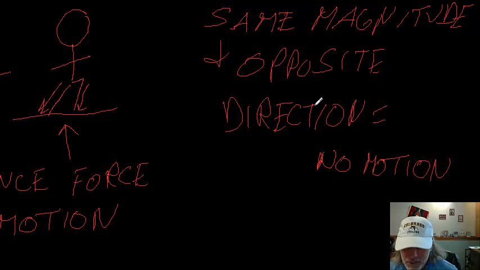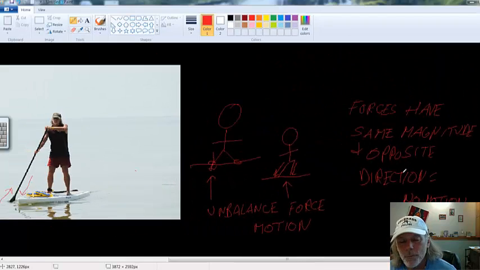And this holds true for most instances that you're going to run into. Typically what you end up having is an unbalanced force, or the forces are not in an opposite direction, and therefore you're going to have some motion.